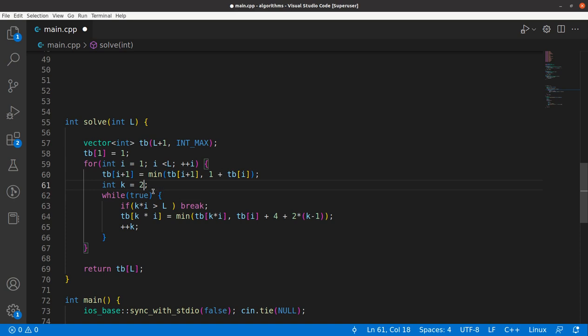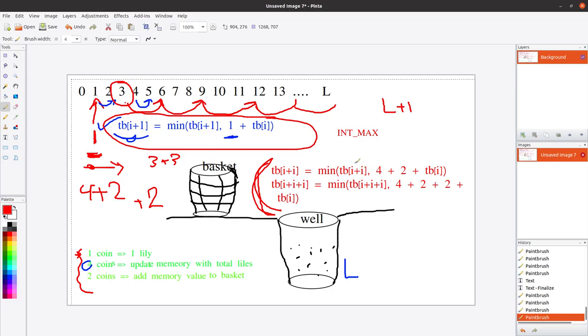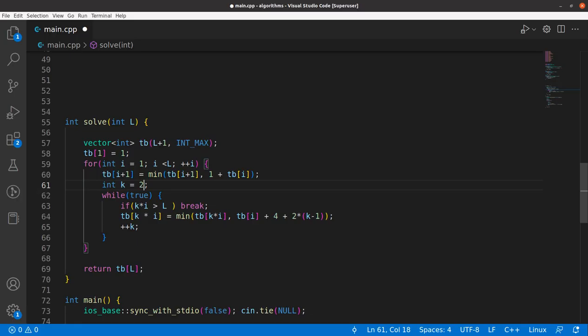Or we need to spend 4 coins and do the jumps, so we keep looping until we arrive at L. And so here TB of K multiplied by I, in this case K is 2. So as we saw here, the first one is TB of I plus I, which is 2I, 2 multiplied by I. So our initial value is K equal 2. And here we need to check, first of all, that it's within the boundary.